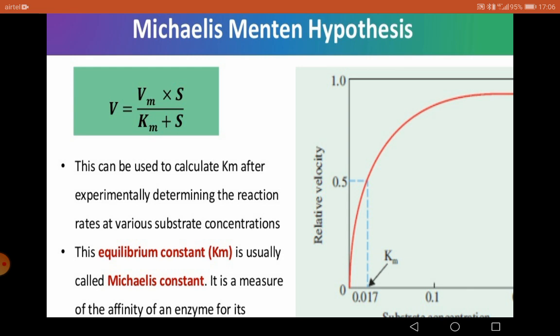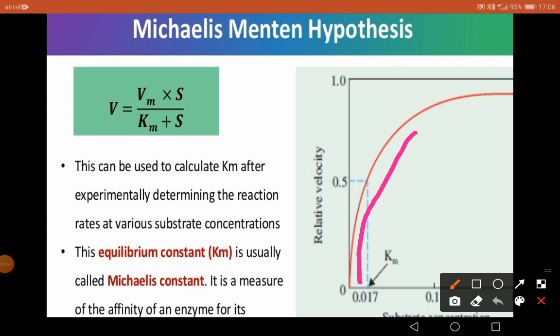As the concentration of the substrate increases, the velocity of the reaction also increases. But when the substrate is saturated, meaning all the active site pockets of the enzymes are filled, we get steady state kinetics, so there is no increase in the velocity of the reaction.